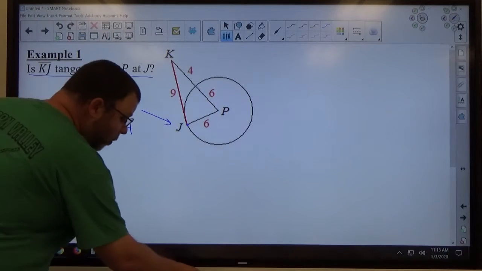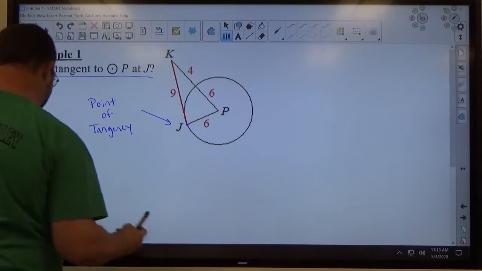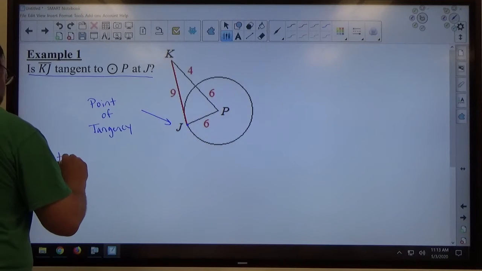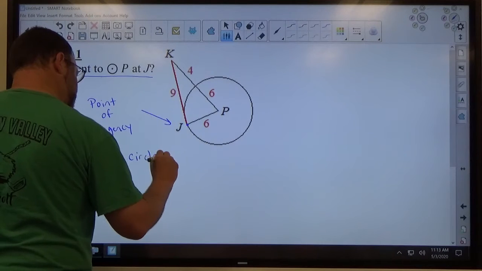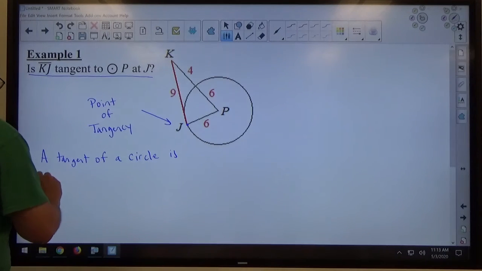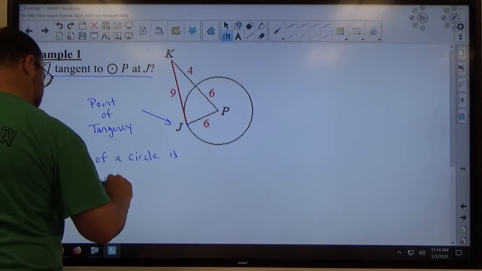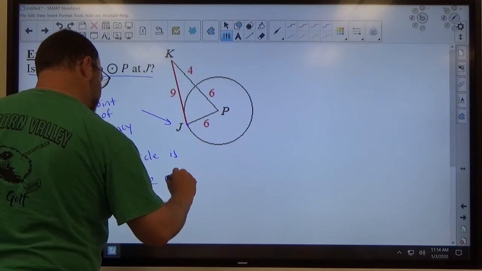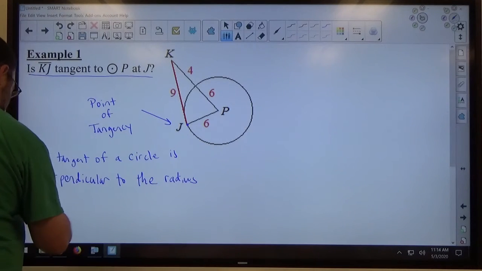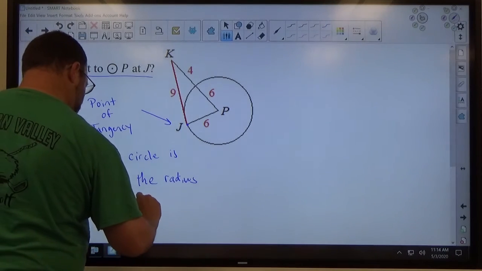With that in mind, one property of circles and their tangents is that a tangent of a circle is perpendicular to the radius of the circle at the point of tangency.